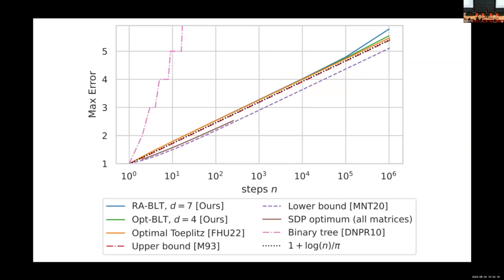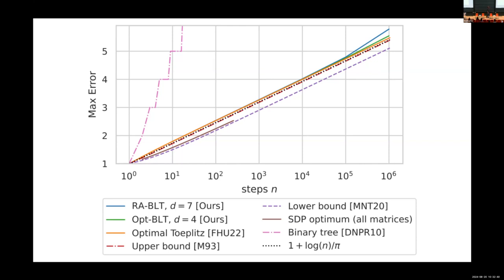Okay, so now I can show you what these numbers actually look like in practice. So the binary tree mechanism is the line that just goes off very rapidly. So you can see that there's a significant difference. And then the dotted and dashed lines are the various upper and lower bounds that are out there.